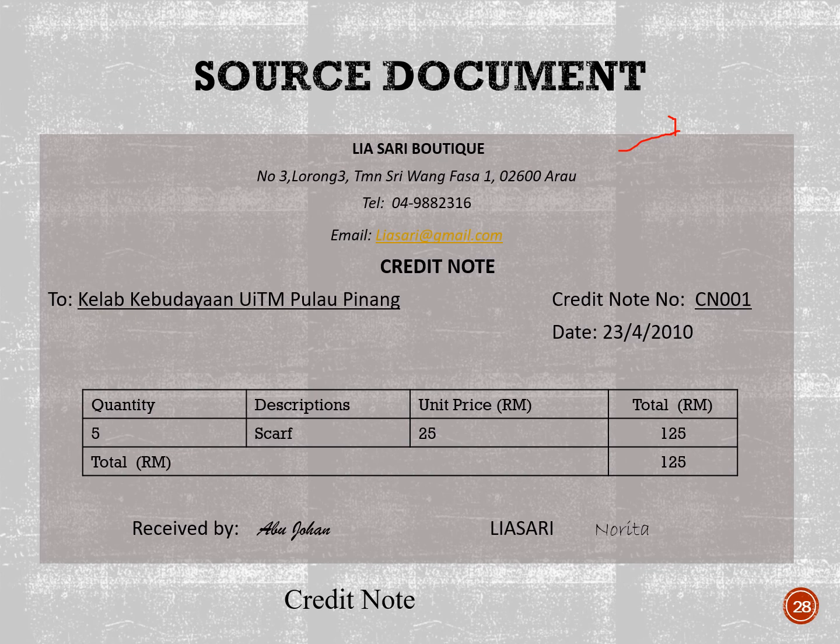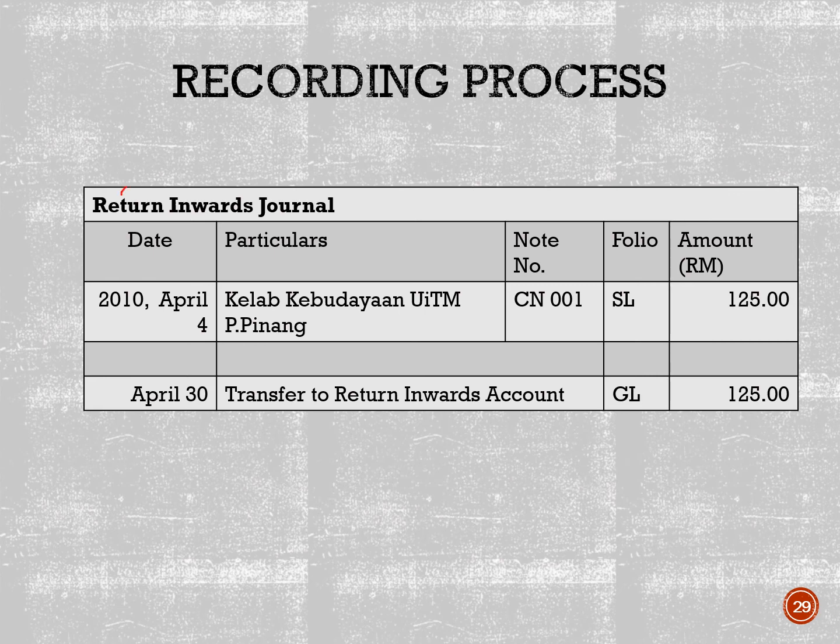So this one is sales return. This one is just to inform our buyer that we will give the sales return. Or this one, it means the same, sales return. So how do we record the sales return? Just like this.